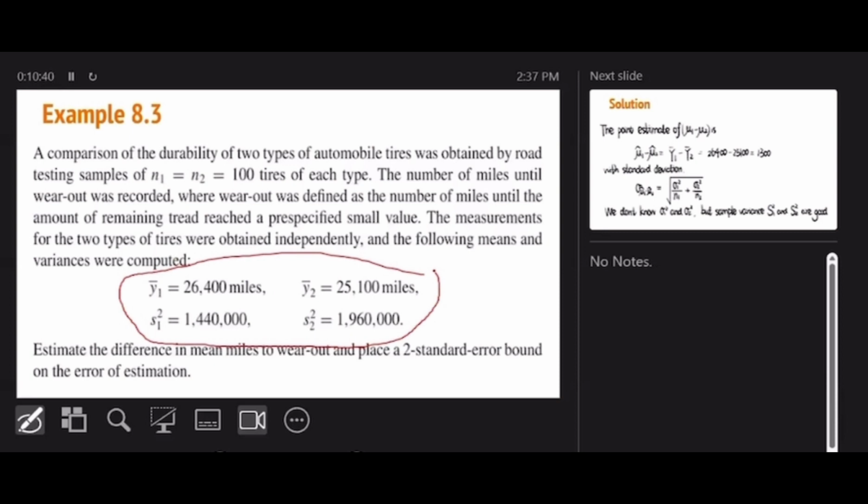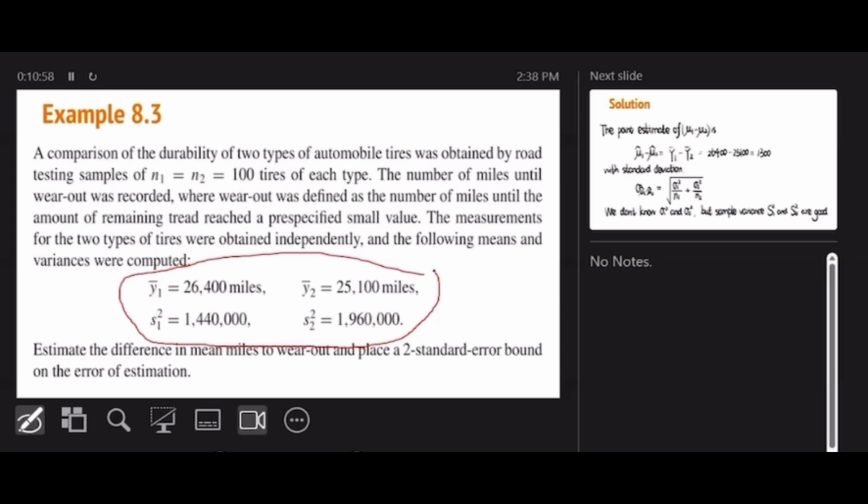That makes it two different groups, two different populations. The number of miles until wear out was recorded, where wear out was defined as the number of miles until the amount of remaining tread reached a pre-specified small value.